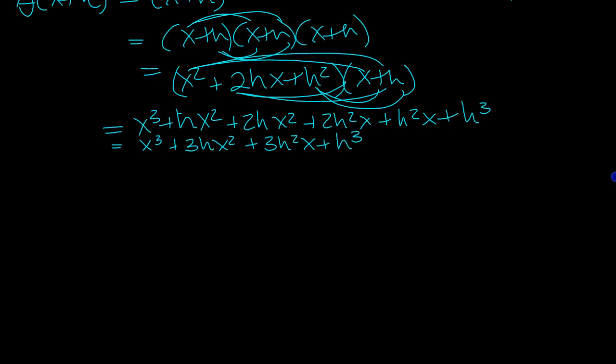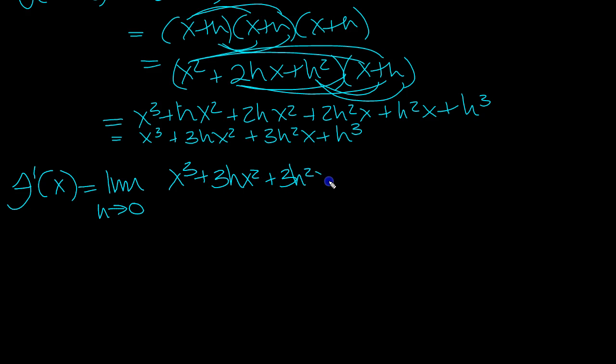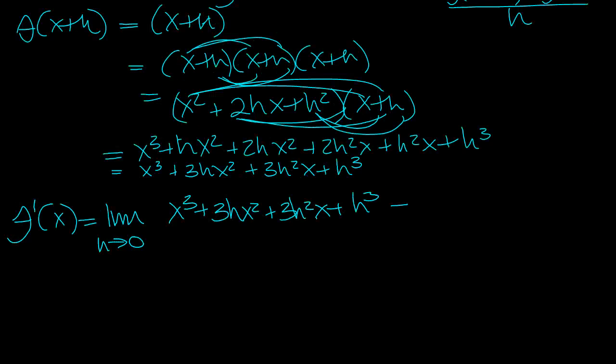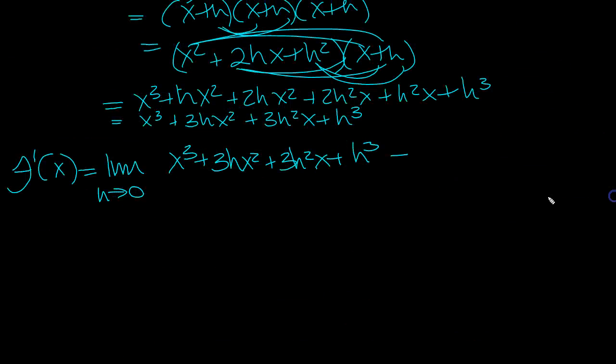So f'(x) then, let's write out that formula, is equal to the limit, h tends to 0, of f(x + h), so write that down, minus f(x), remember the formula, which is x cubed, over h, wasn't it?